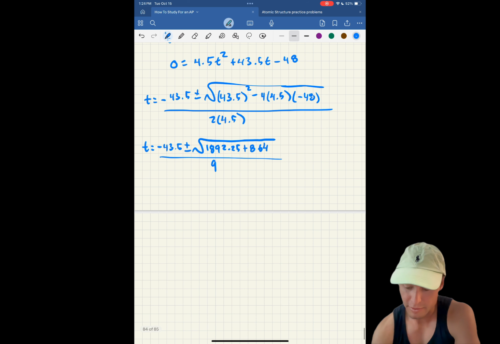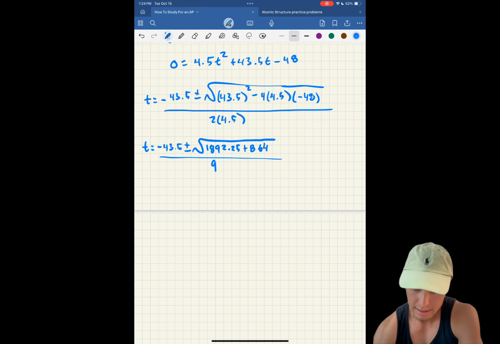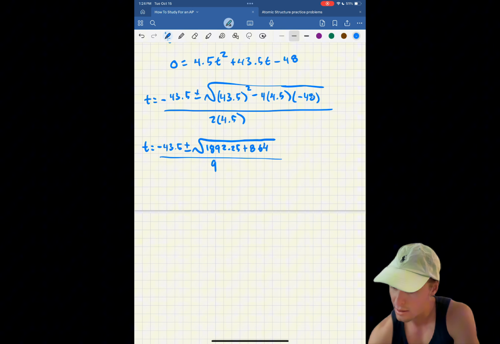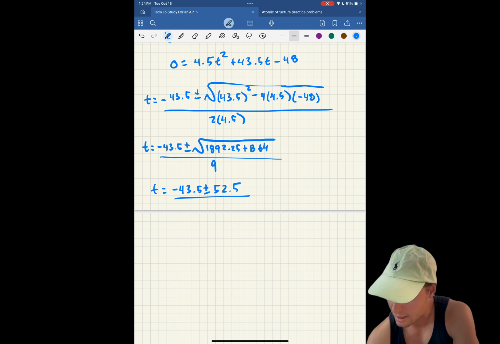And then we just keep simplifying that, just simplifying under the radical now. I took the square root. I get t equals negative 43.5 plus or minus 52.5 all over 9.